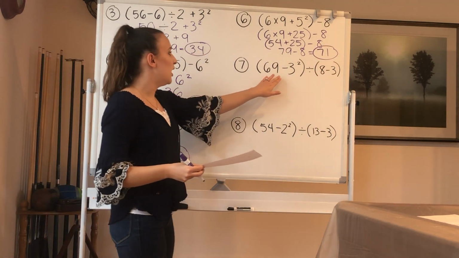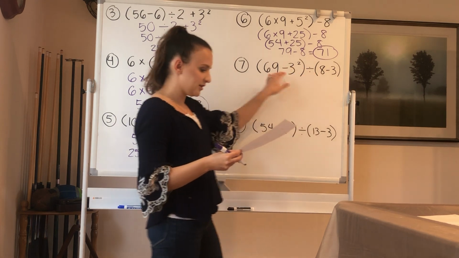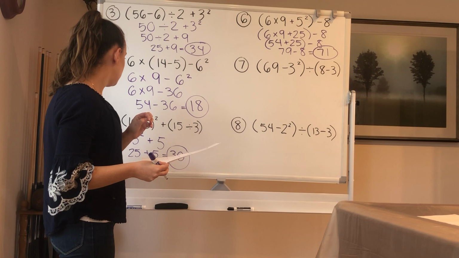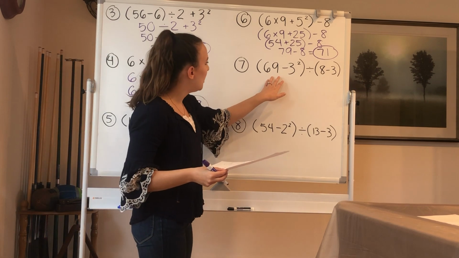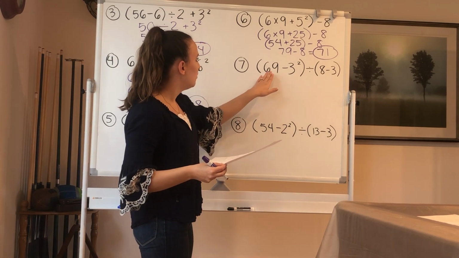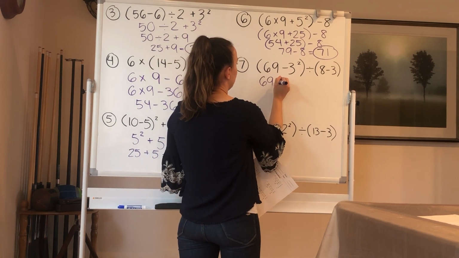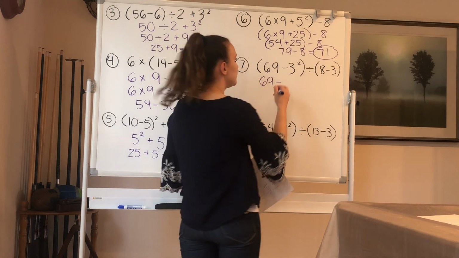Next, we have 2 sets of parentheses here. It does not matter which one you do first. So let's do this one first. We have 69 minus 3 squared. So that's 69 minus 9.